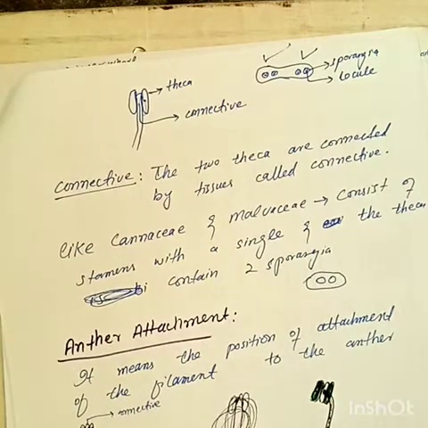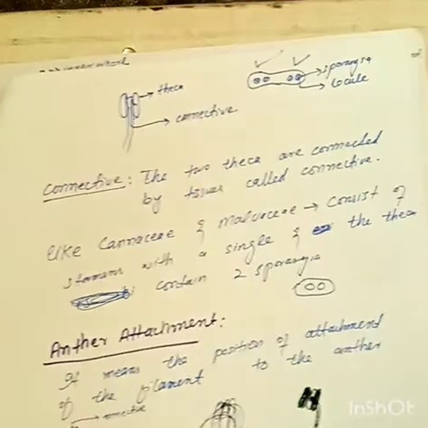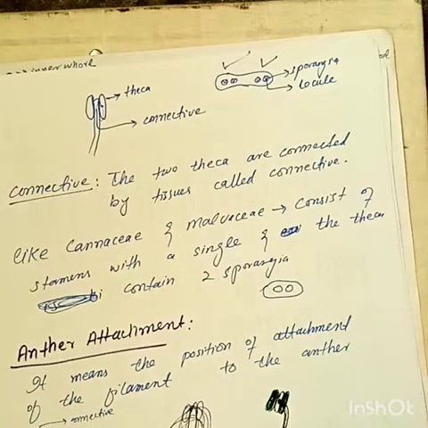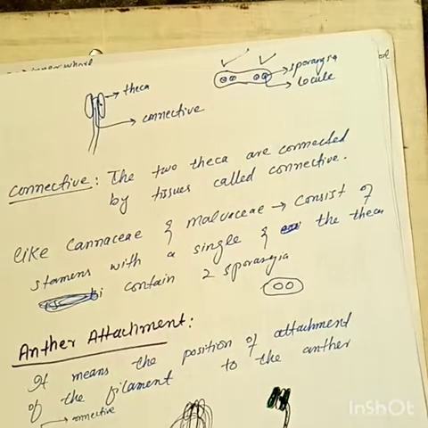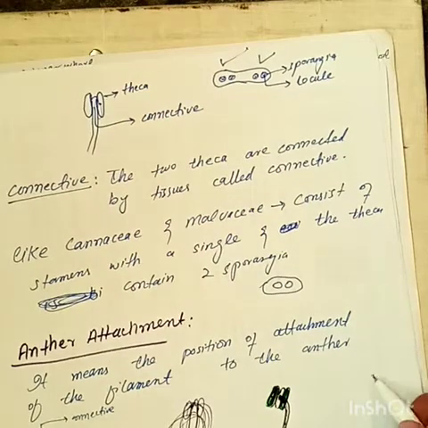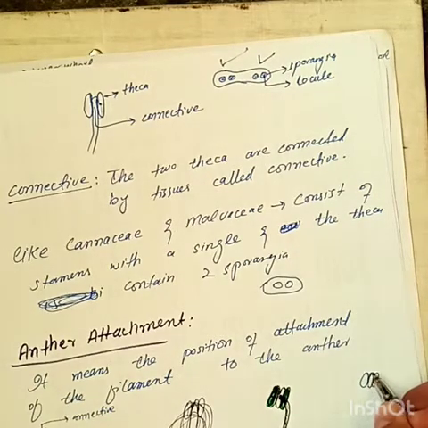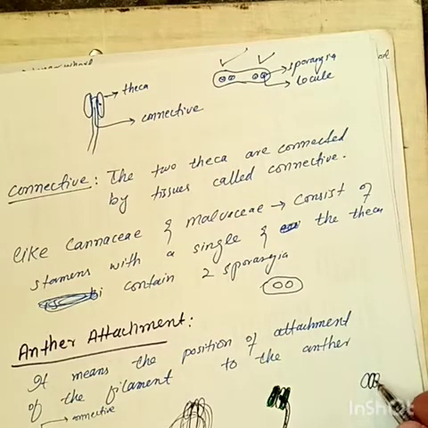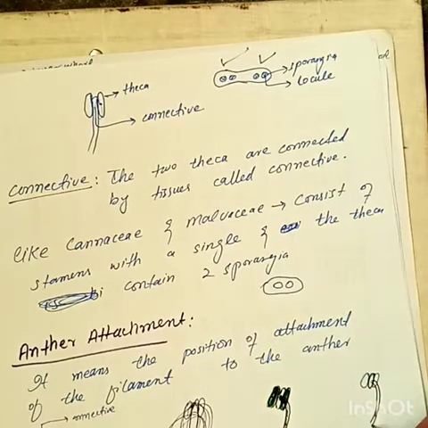The other type is subdorsi-fixed. If these are the two theca and this is the connective, the filament attaches to the connective near the base.